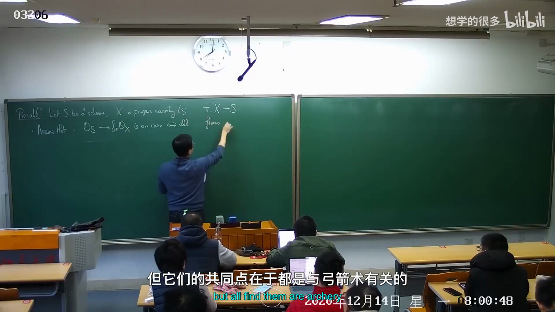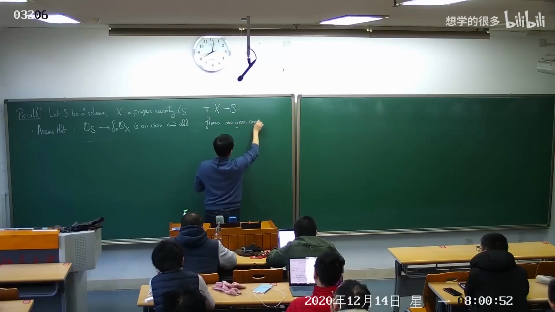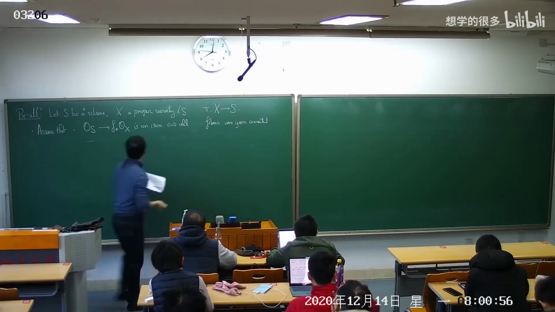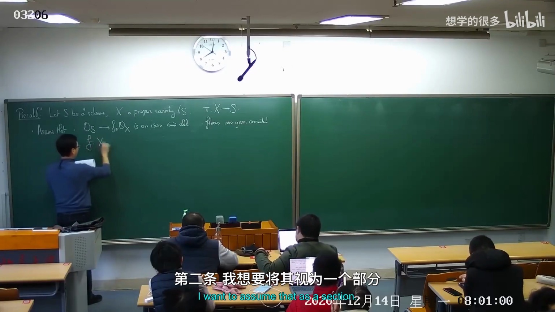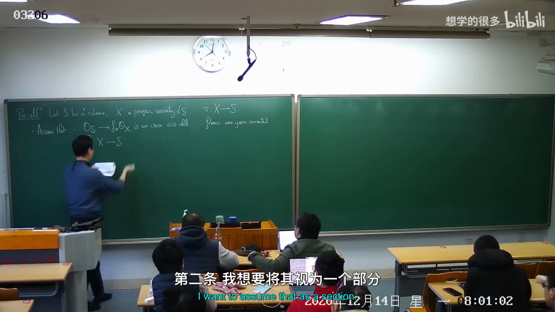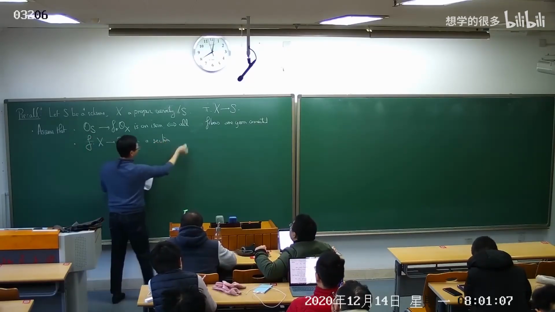Okay, all fibers are geometric. Secondly, I want to assume that π has a section. So we call it σ.